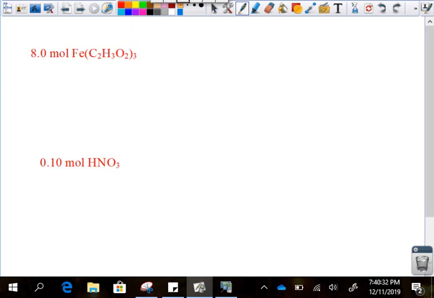So in number 11, we had 8 moles of iron acetate, and number 12 we have 1.1 moles of nitric acid. So if this is moles, I need to write my little dimensional analysis thing so that this unit is on the bottom, moles. And what am I looking for? Grams or particles? Well, according to the question, I'm looking for grams.